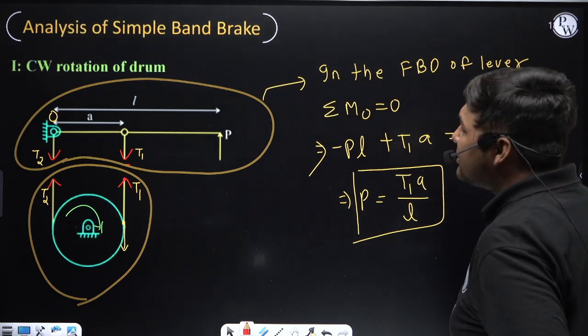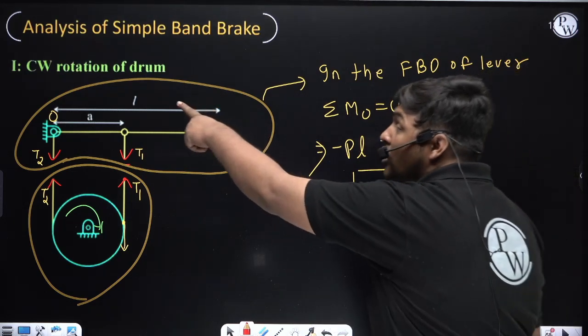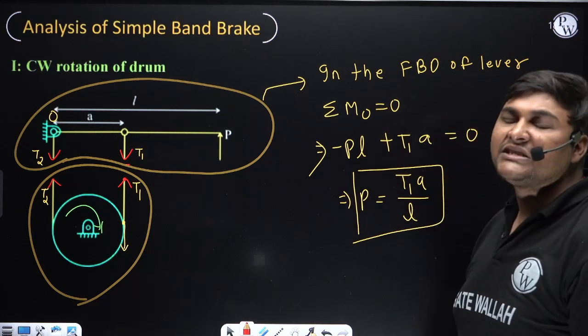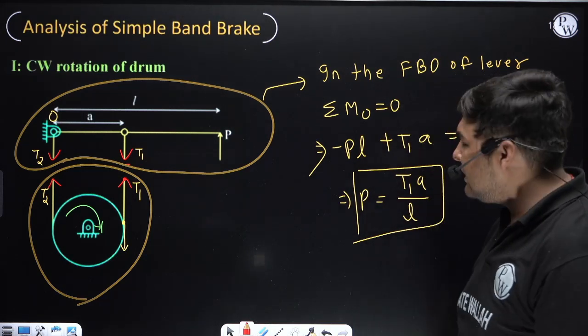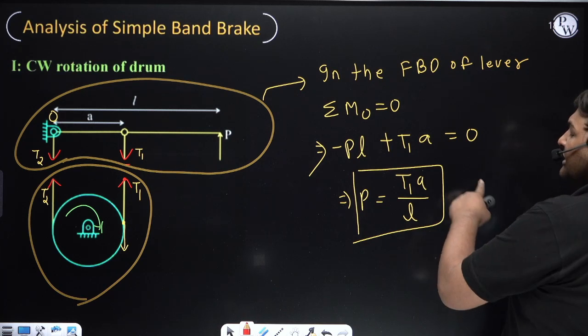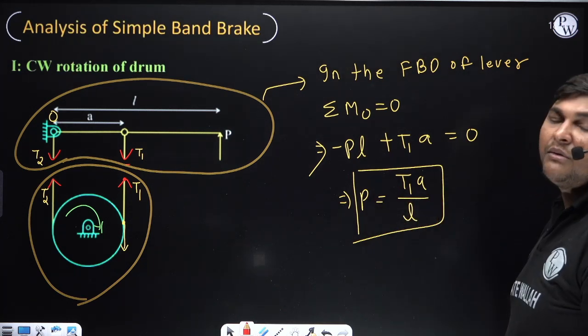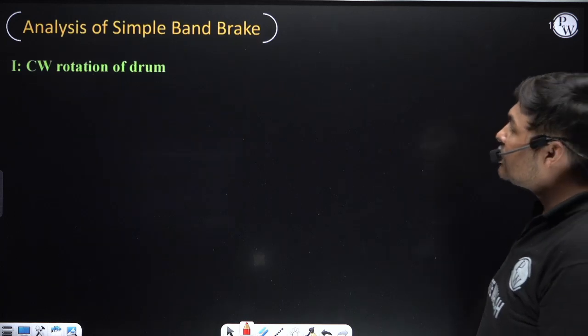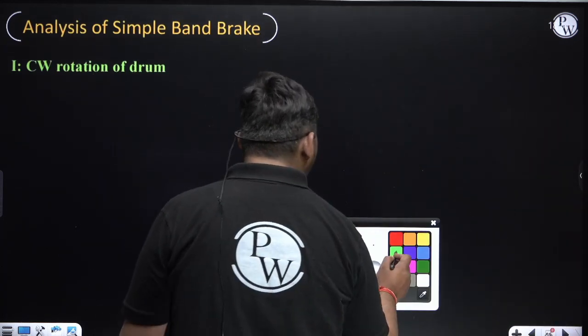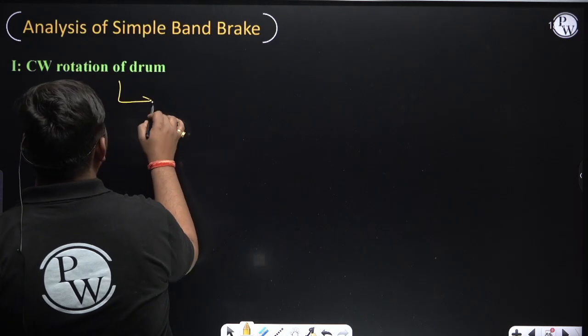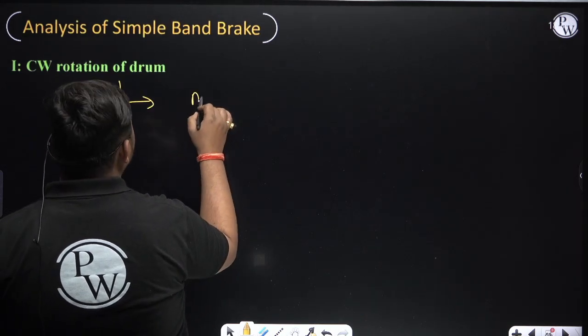If I ask whether this simple band brake for clockwise rotation of drum is self-energizing or not, for that see whether any term is coming which is trying to reduce braking effort. No. Since no term is trying to reduce the braking effort, this simple band brake for clockwise rotation of drum is not a self-energizing brake.